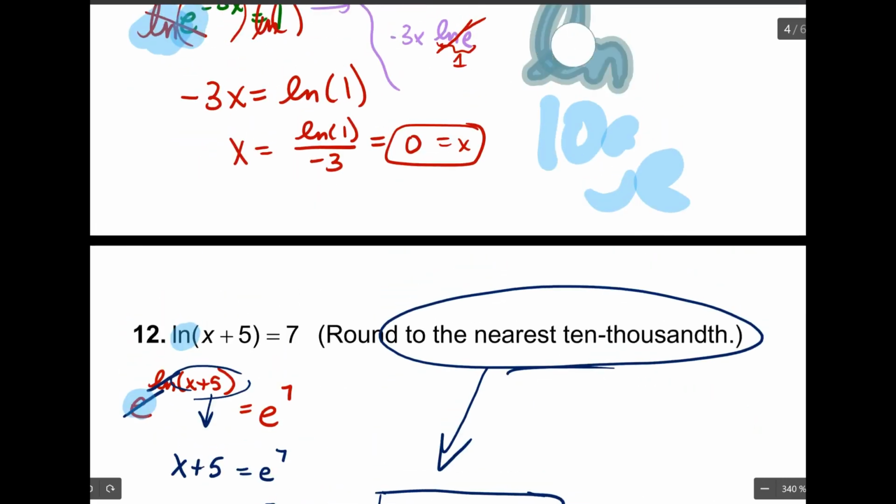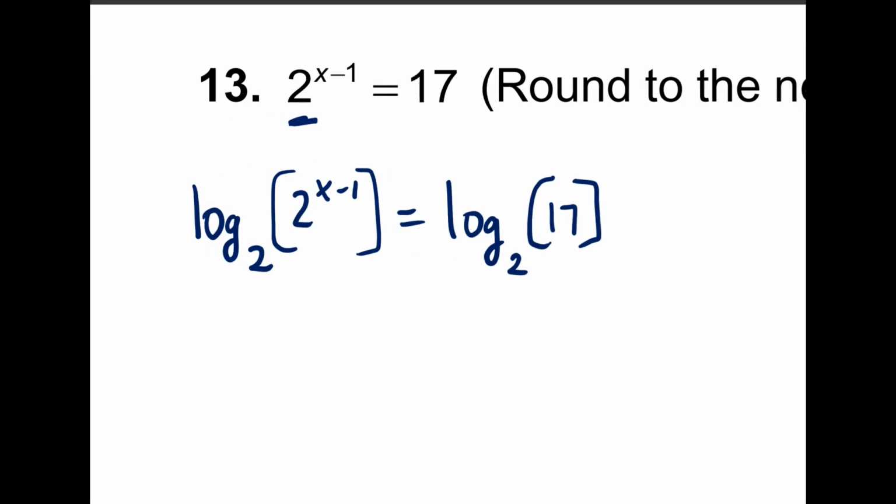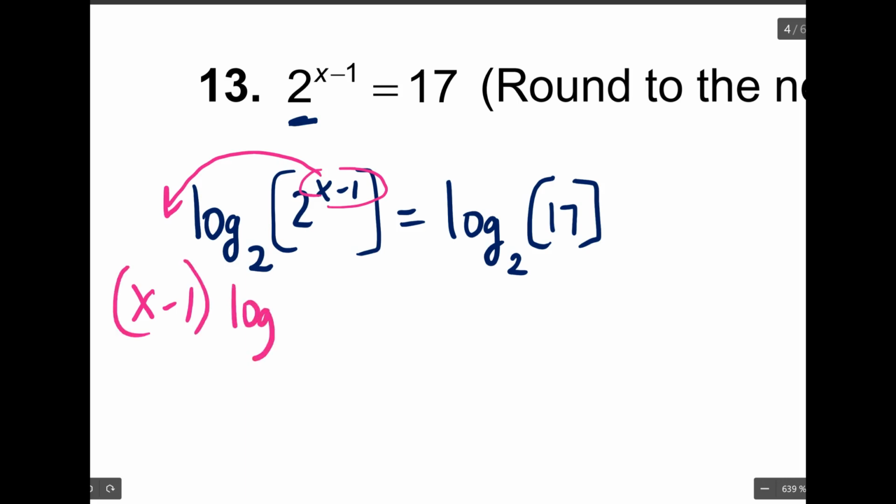So I'm doing log base of whatever the original base was. Here, our base was 2, so I'm doing log base 2. Yeah. So x minus 1 times log base 2 of 2, so that goes to 1, equals log base 2 of 17.